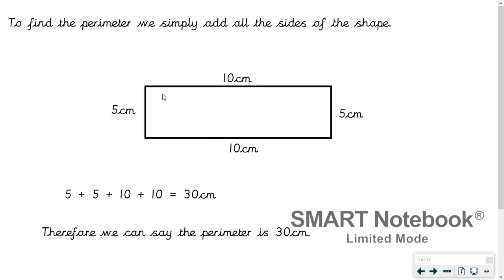So in this rectangle, we've got sides of 10 centimeters, 5 centimeters, 10 centimeters, 5 centimeters. So 5 add 5 is 10, add another 10, 20, add another 10, 30. 30 centimeters in total. Therefore, we can say the perimeter is 30 centimeters. We add up all the sides.